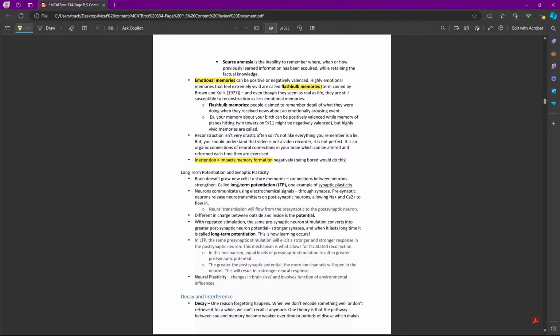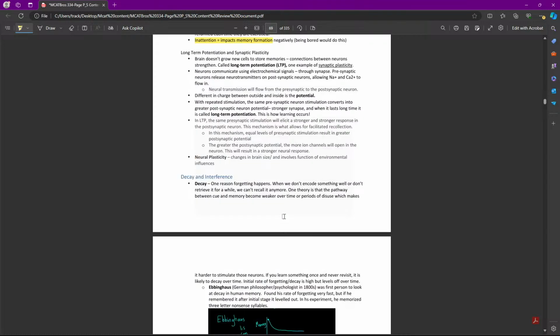Alright. Long-term potentiation and synaptic potentiation. The brain doesn't grow new cells to store memories, but strengthens neuron connections. Long-term potentiation is an example of synaptic plasticity. Neurons communicate using electrochemical signals through presynaptic release.